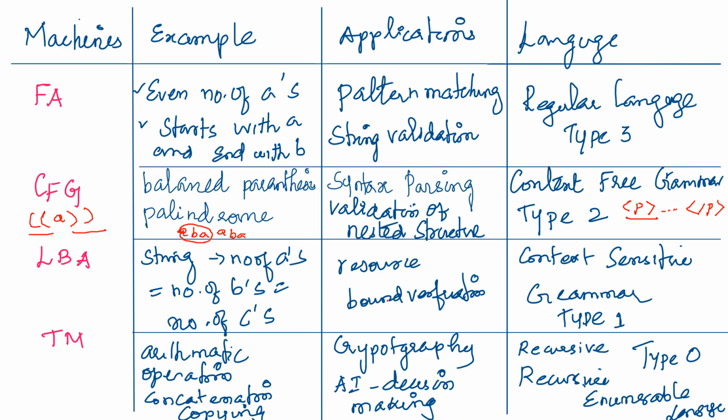Some examples: in cryptography, we design the model for encryption as well as decryption. In AI, we provide the model for decision making, either yes or no. These are also called recursive and non-recursive, as well as recursive enumerable languages. Generally this grammar is called type 0.